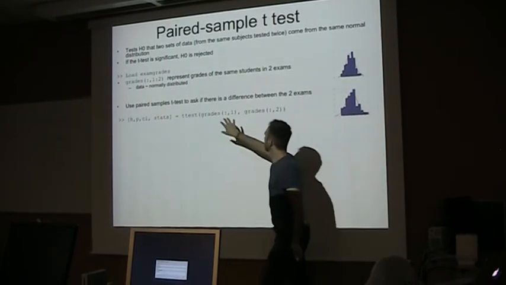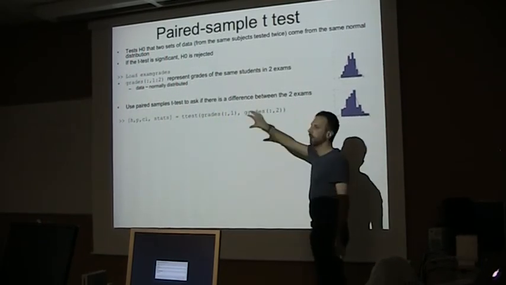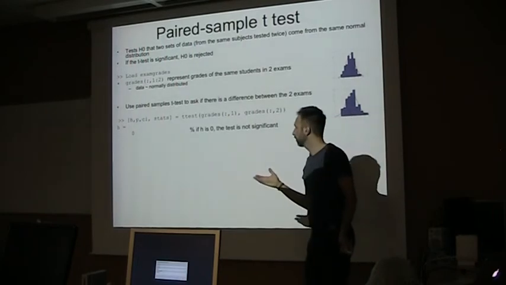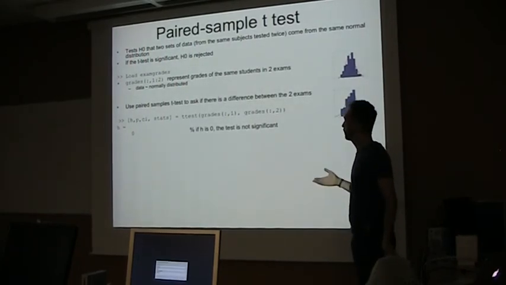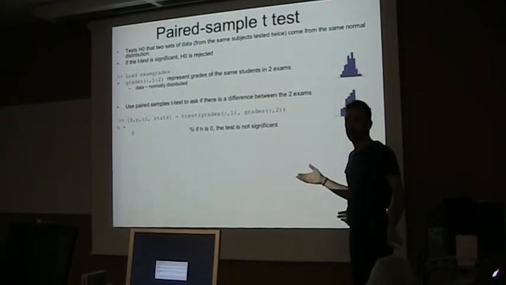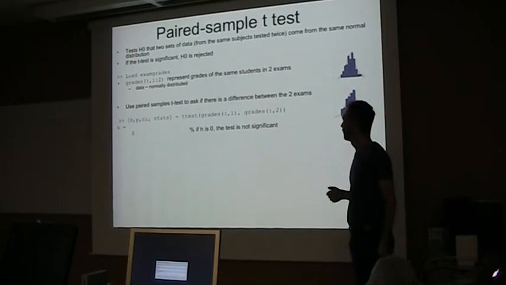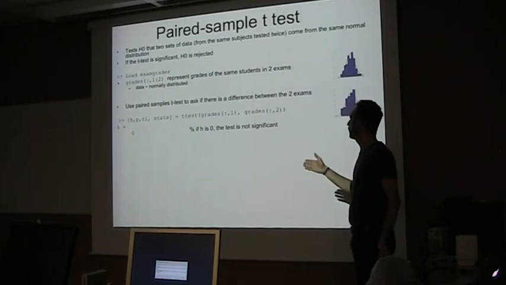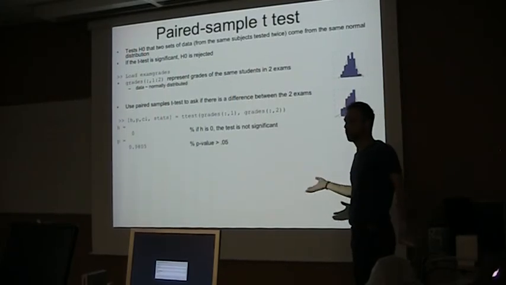And these are just the two columns of the matrix I'm comparing. So the outputs I get are first this h value, which I've never heard of. Maybe it's a Matlab thing. Just 0 and 1. Yeah, it's a Matlab thing, I guess. Which tells you if it's significant or not. And if h is 0, the test is not significant. It gives you the p-value, which is the more common one.